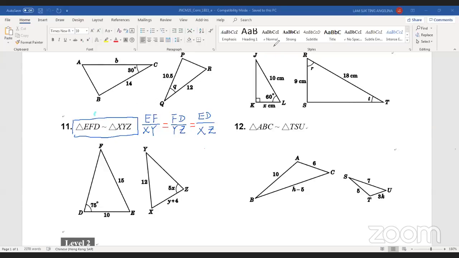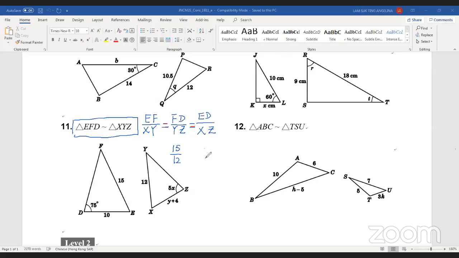Right. Then we continue. We have this one, and then you look at your diagram and see which information you have. EF we have 15 units, and XY is here 12.